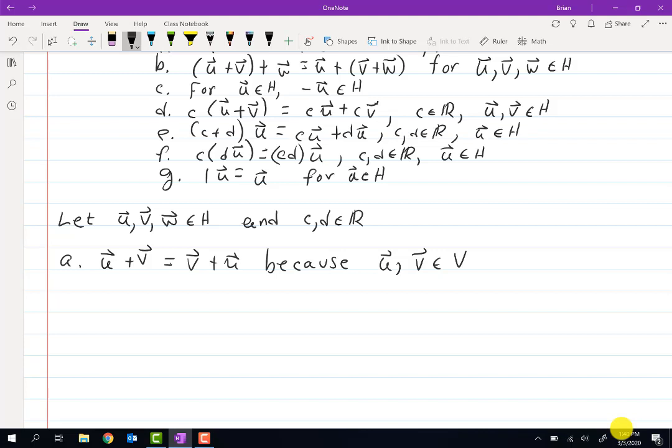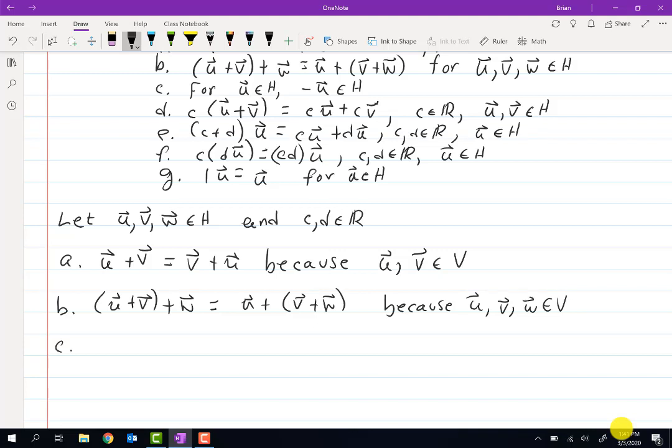For part B, U plus V plus W equals U plus the parentheses now around the V plus W, because U, V, and W are all in the vector space. So the vector space has that property.